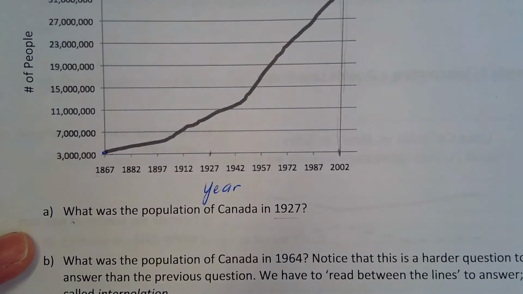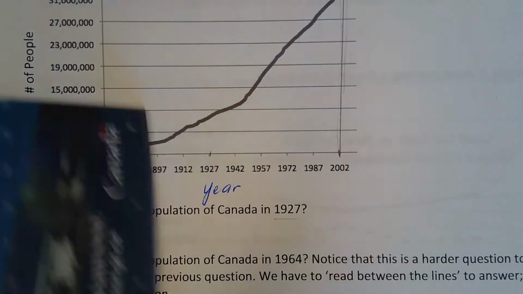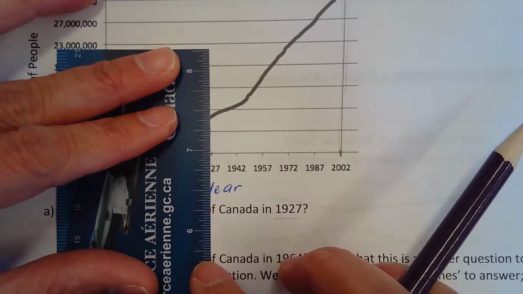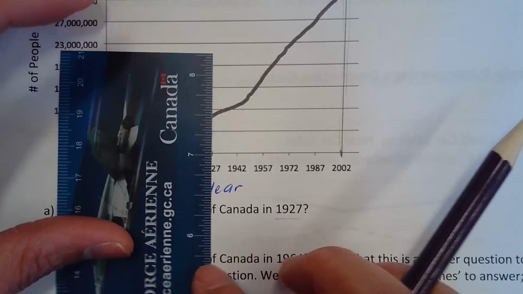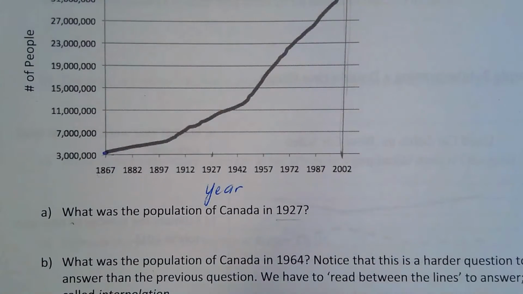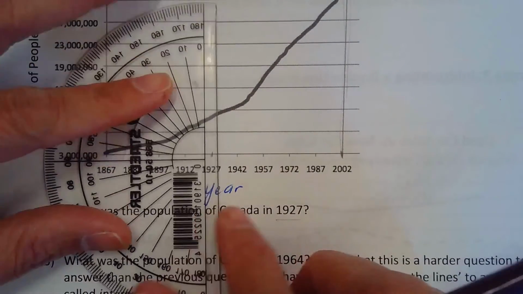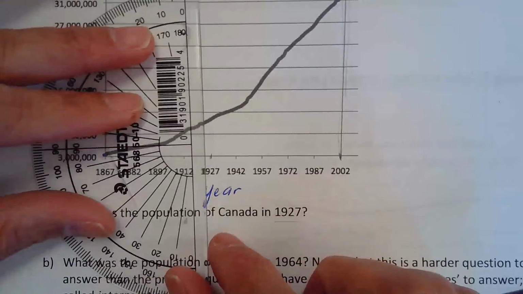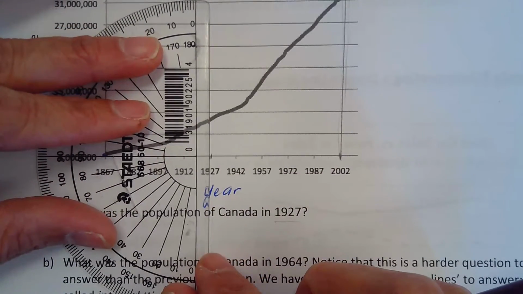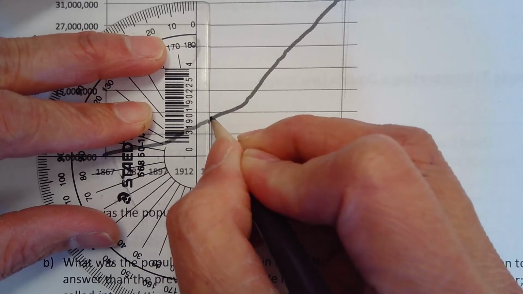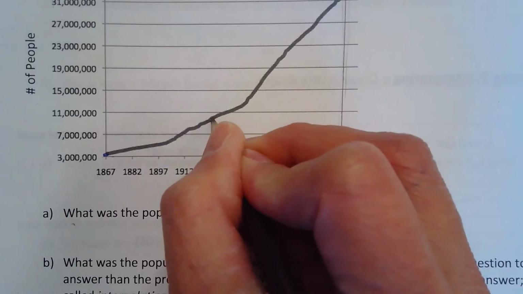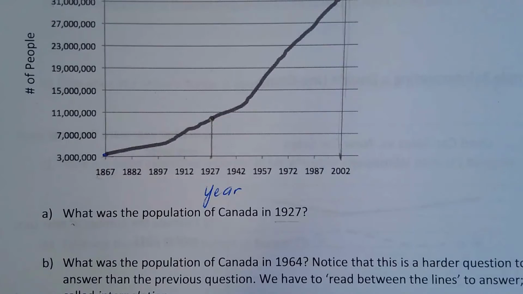If you have a straight edge, let's draw a straight line up there. So this part there, that's the point on our graph.